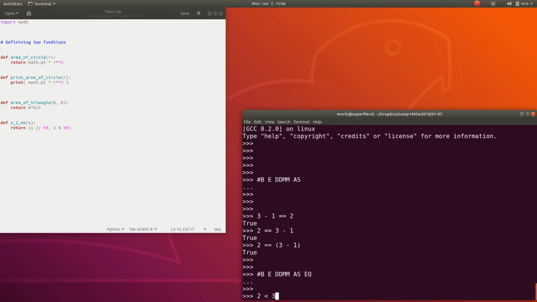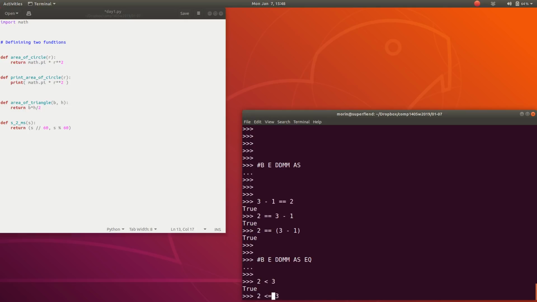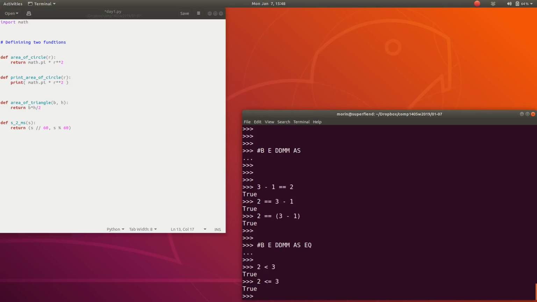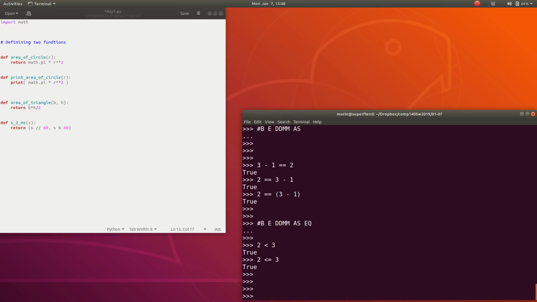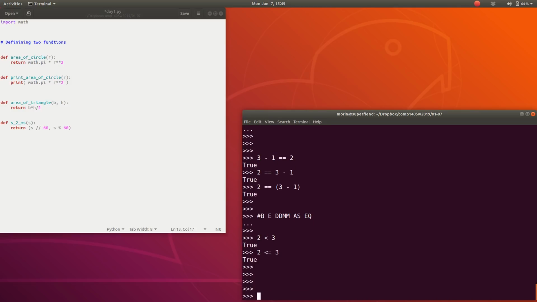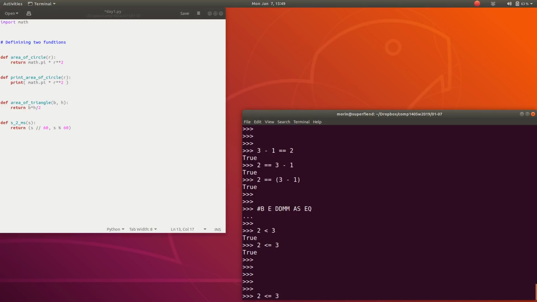Someone tell me the answer. Okay. Is 2 less than or equal to 3? Okay, good. Most of you said yes. It happens sometimes that people say no to that question. 2 is less than or equal to 3. It's not equal, but it's less than.